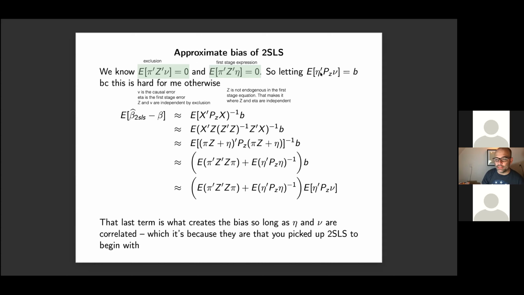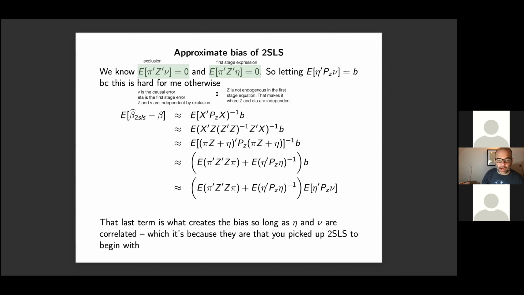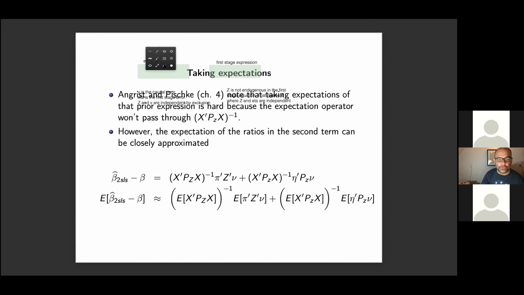So we're going to let this expectation eta prime PZ V. Let's go back and see what that was. PZ V here. So we got this right here equaling 0. We're worried about this one. So when we took those expectations through, this disappears, because that right there is 0.